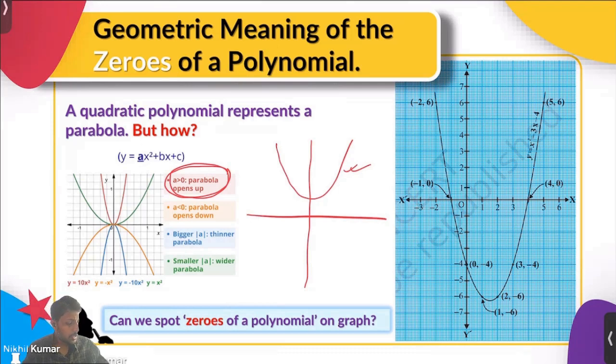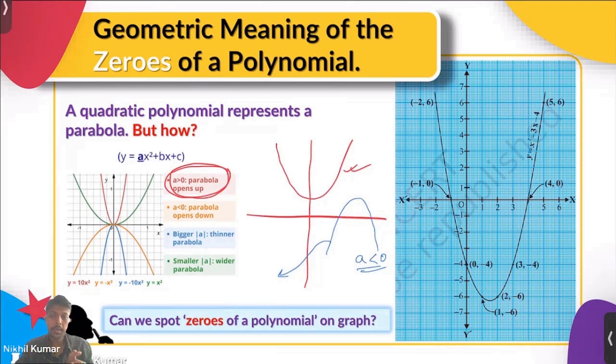And when you see something like this, for this the value of A is less than 0, it's negative. So if in a question they give you a quadratic polynomial and ask which of these graphs represent that polynomial, you can discard two options just like that, okay? Because two of those would be upward pointing, two of those would be downward pointing, and so on. So that's just one thing which we can know from the graph.